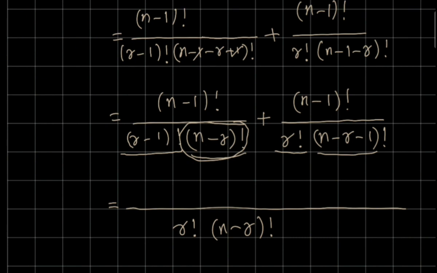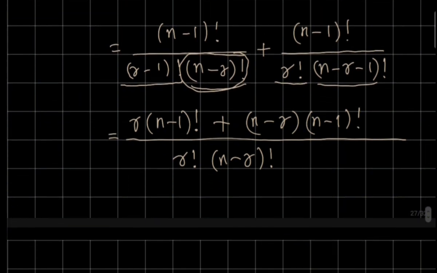Here you will write r times n minus 1 factorial, plus here you will write n minus r times n minus 1 factorial. We have just taken the LCM.